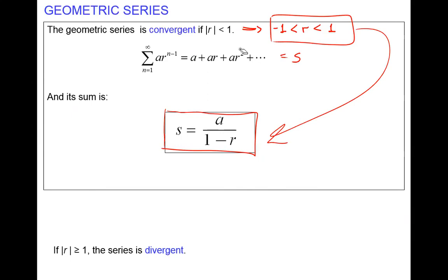Of course, we have to recognize it, and then we check the common ratio. If the common ratio is between negative 1 and 1, we put it into this formula and done. Geometric series is a little bit different. We don't have to deal with the partial sums. We have everything. Okay, let's do a first exercise.